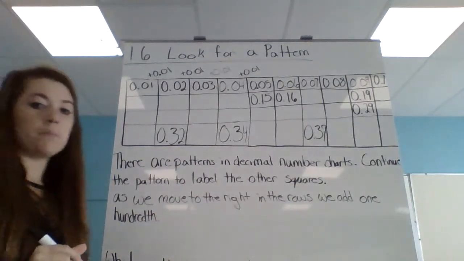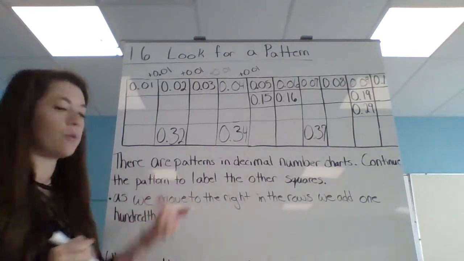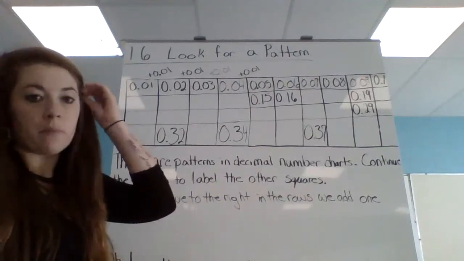So that's the first, oops, sorry, walked out of the screen. That's the first part of our pattern, that's what we do with the rows. As we go across, we're adding 100th to this.